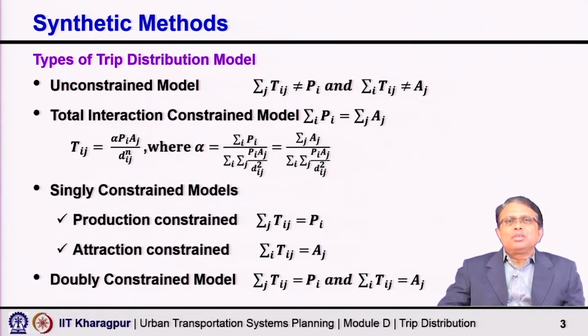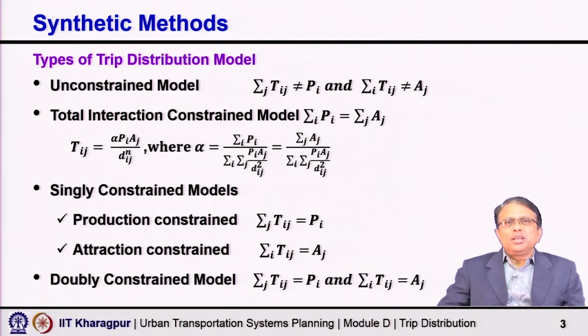So, when none of these two constraints is satisfied automatically by the model form, then we shall call that model an unconstrained model. That means row totals and column totals will not be satisfied automatically by the mathematical formulation of the model.